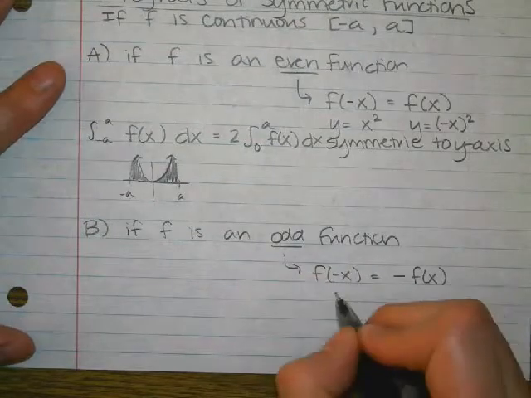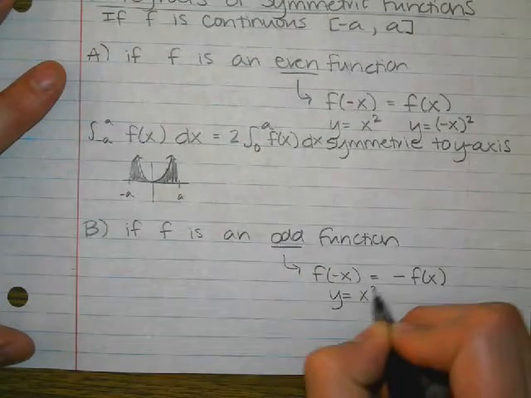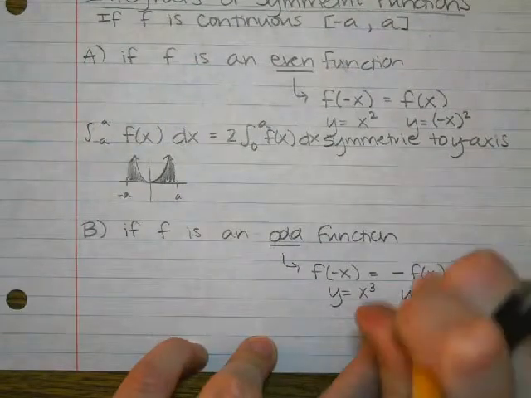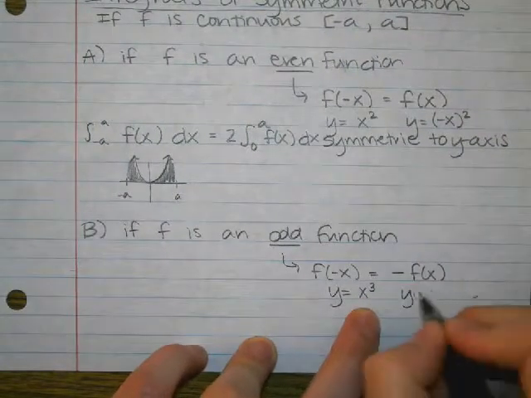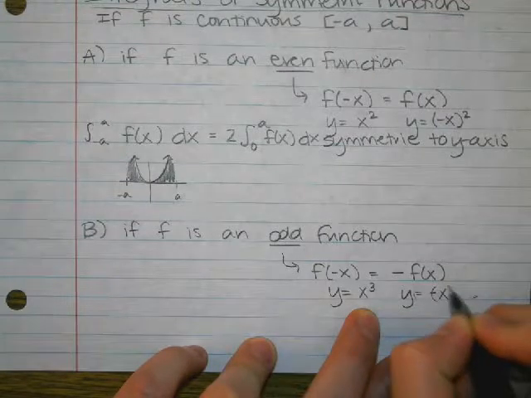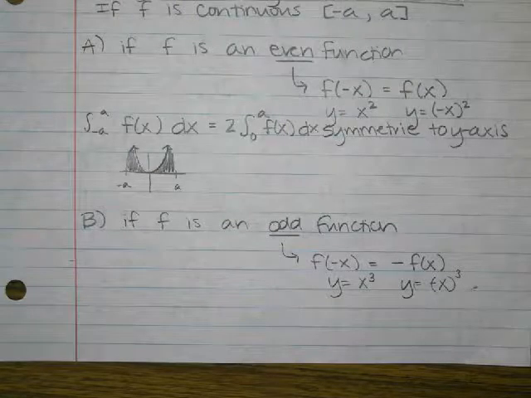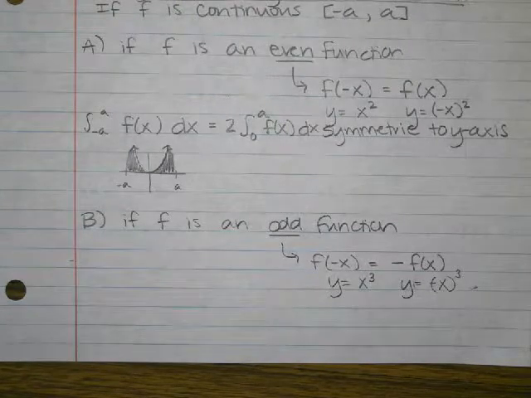And the classic example of this would be y equals x to the third, because if you plug in a negative x for this one, it'd be negative x cubed, right? The negatives would not cancel out if you did that. And these are not symmetric to the y-axis. It's not just opposite. Does anyone know how odd functions are symmetric?